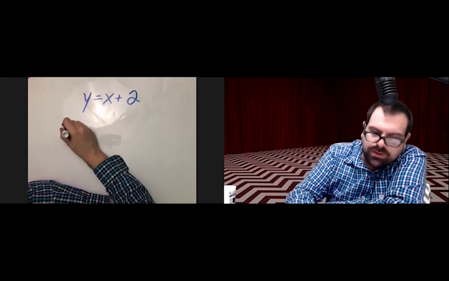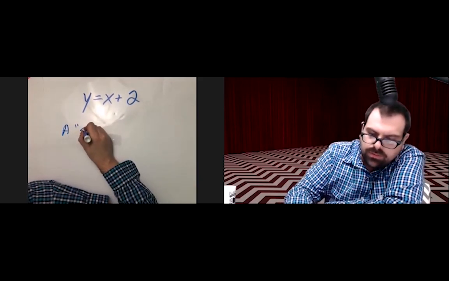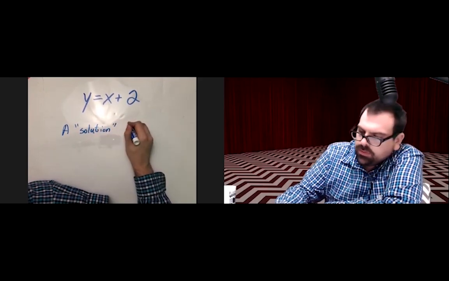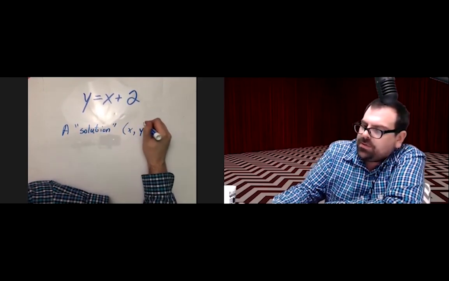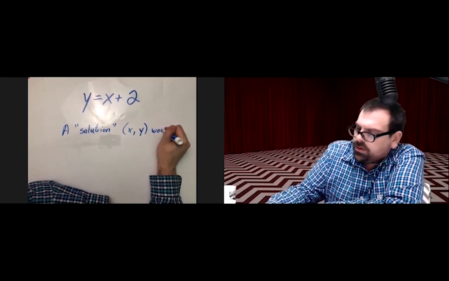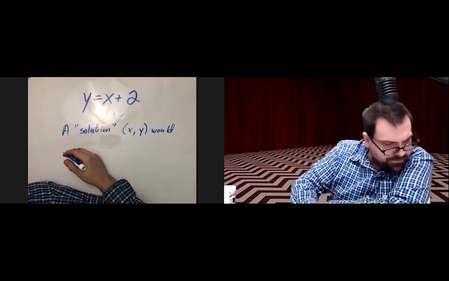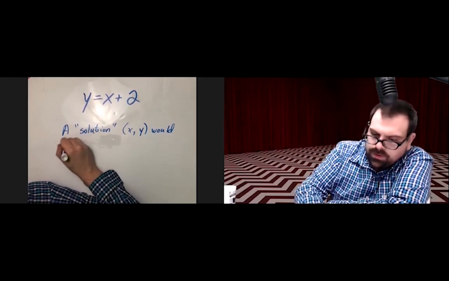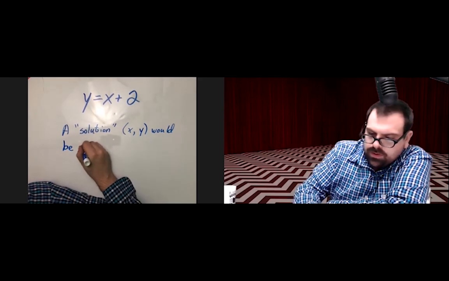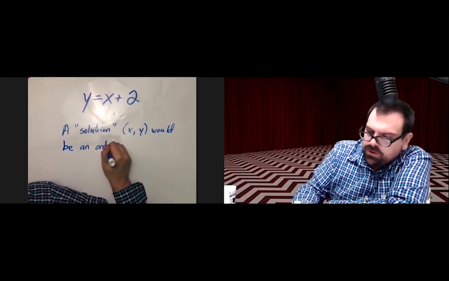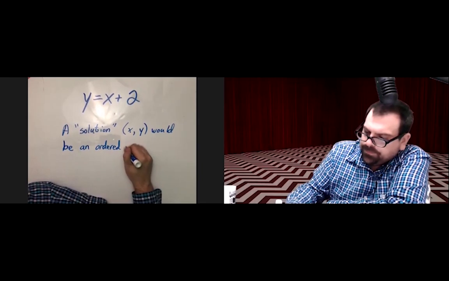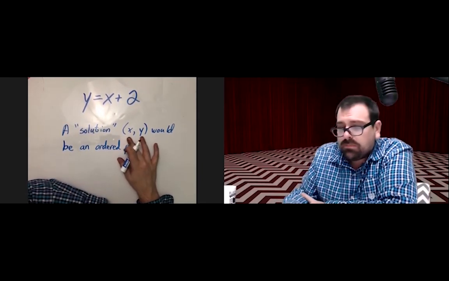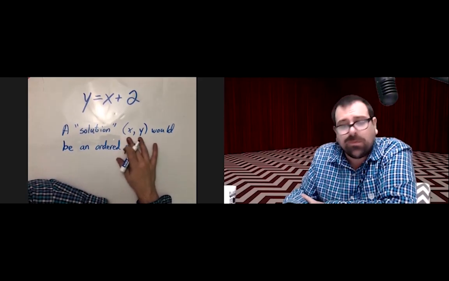A solution (x, y) would be an ordered pair. And by the way, that's what we call these, ordered pairs, because order matters. It's a pair of numbers where the order matters.